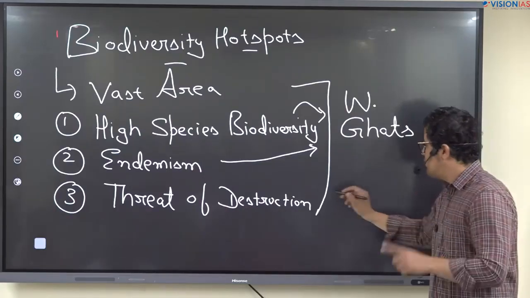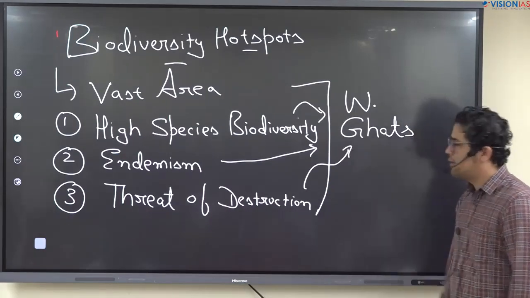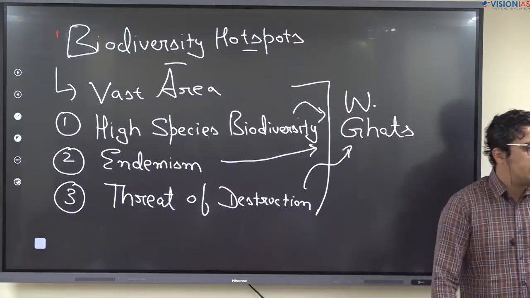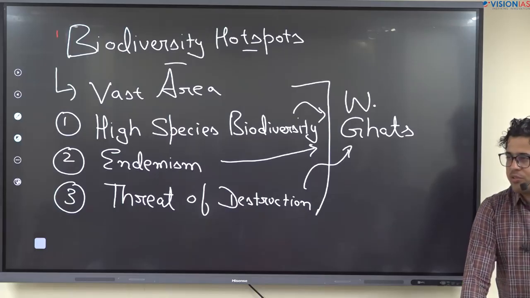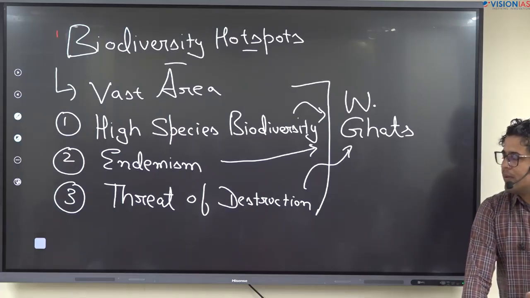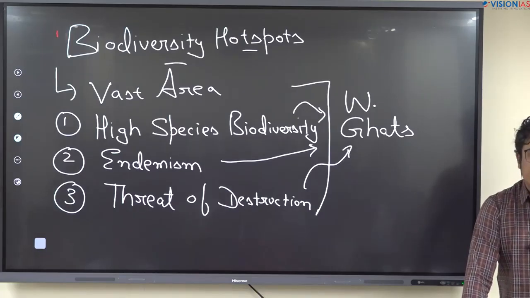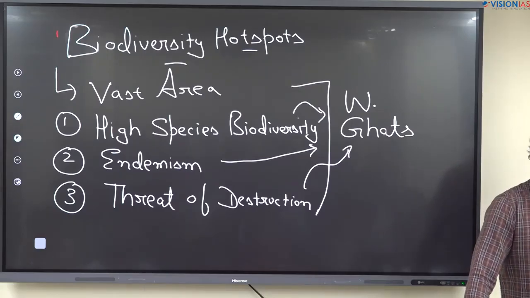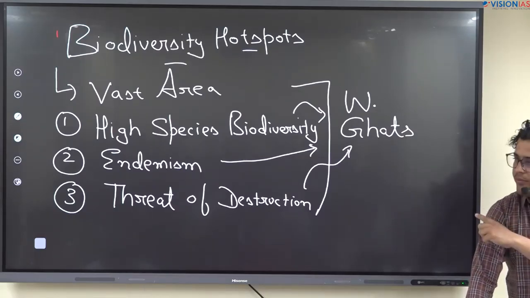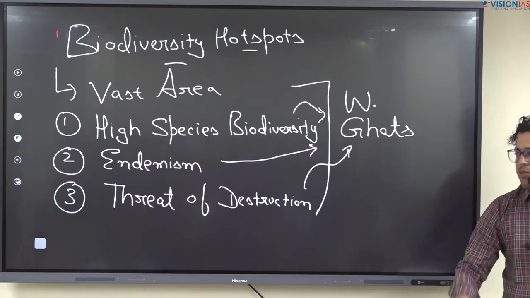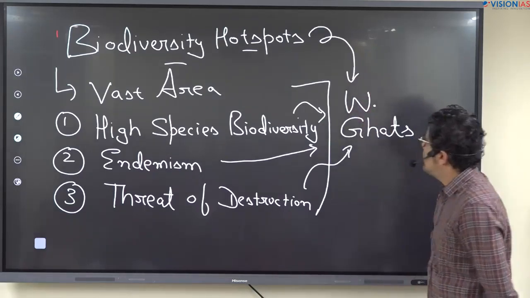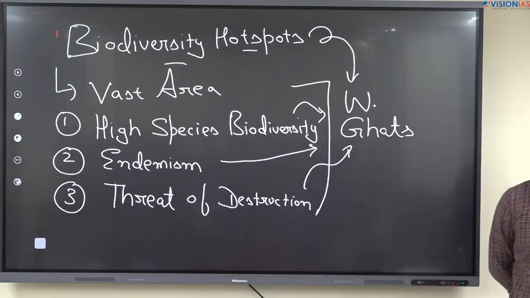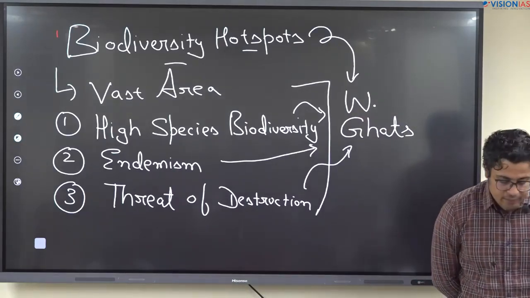And then Western Ghats are facing a very big threat of destruction: deforestation, mining, encroachment. So there is a threat of man-made destruction also. So all of these properties you can fit in Western Ghats. So that is why Western Ghats are considered biodiversity hotspots of India. Okay.